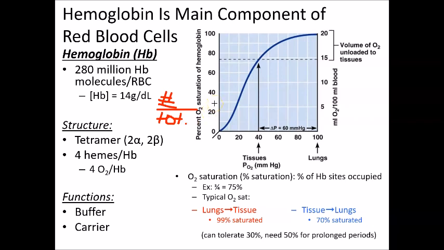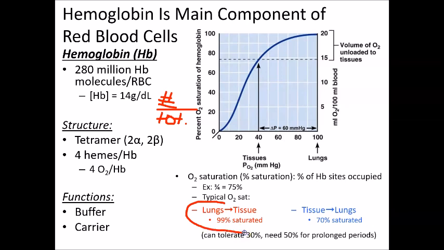So as an example, to make the math really easy, if we just looked at one hemoglobin molecule, which has 4 heme sites, and it was carrying 2 oxygens, the percent saturation would be 2 out of 4, 50%. Okay? When we look at percent saturation, we can measure it with what's called a pulse oximeter. You see those in hospital situations where someone will be wearing one on their fingertip, and it would show you the percent saturation.